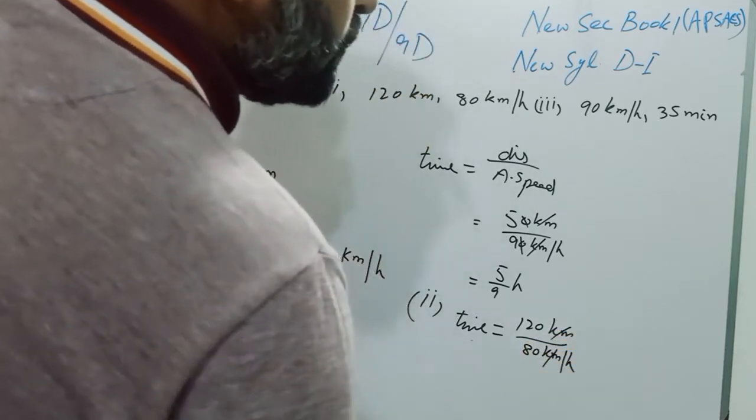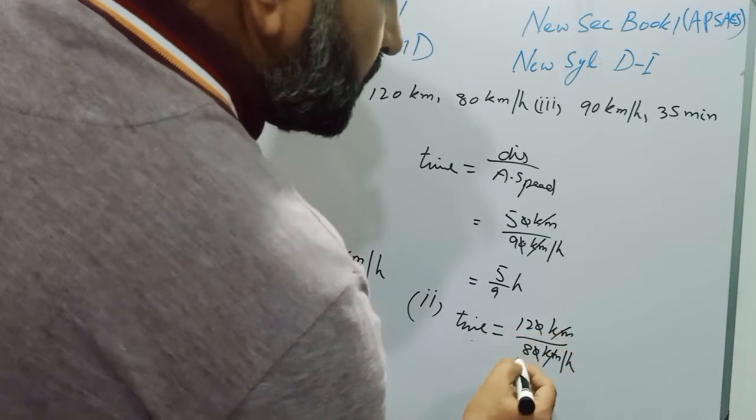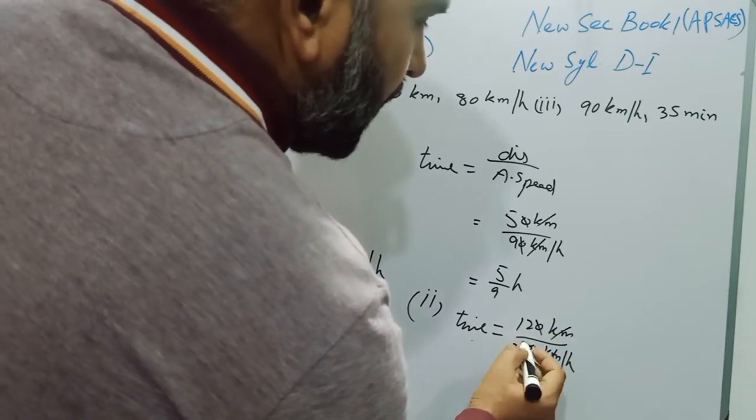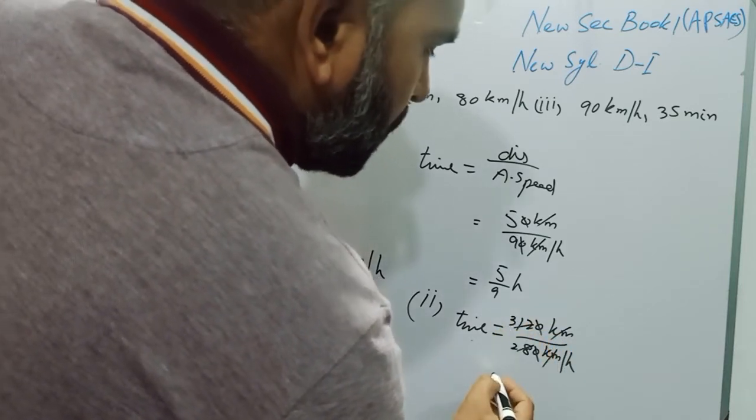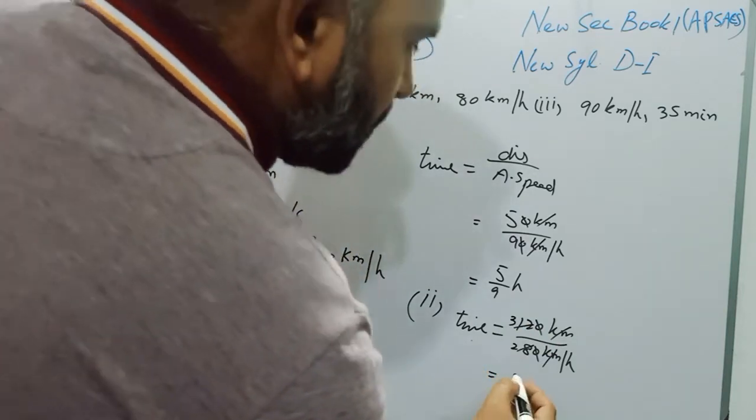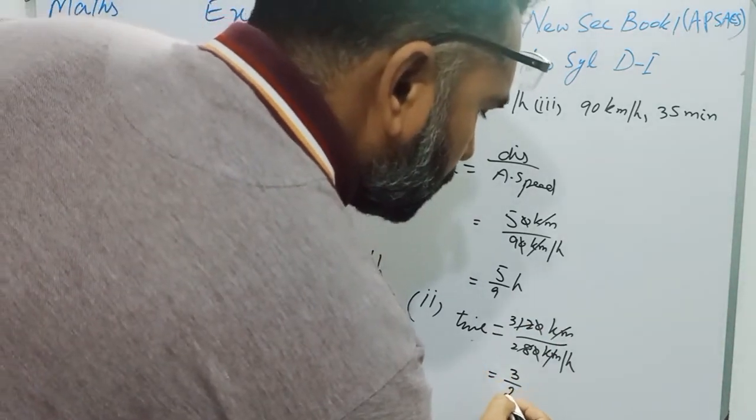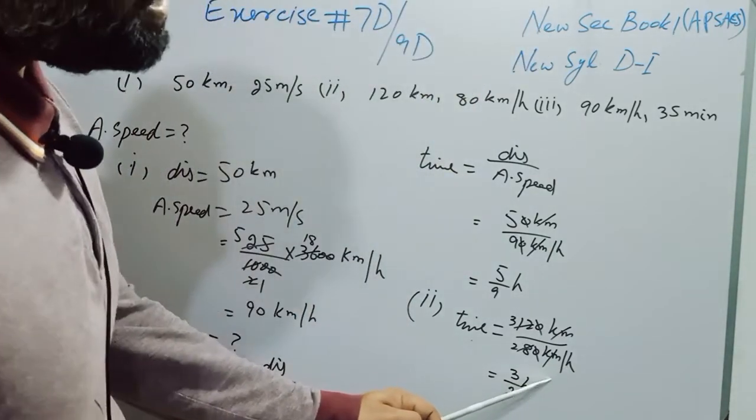Kilometer will be cancelled to kilometer, 0 will be cancelled to 0, and 4 2s are 8 and 4 3s are 12. So the time for second part of the journey is 3 over 2 hour, as it is denominator in denominator, so it will be numerator.